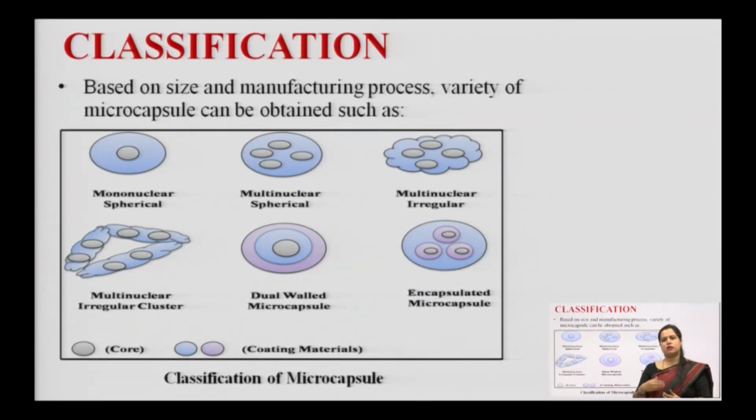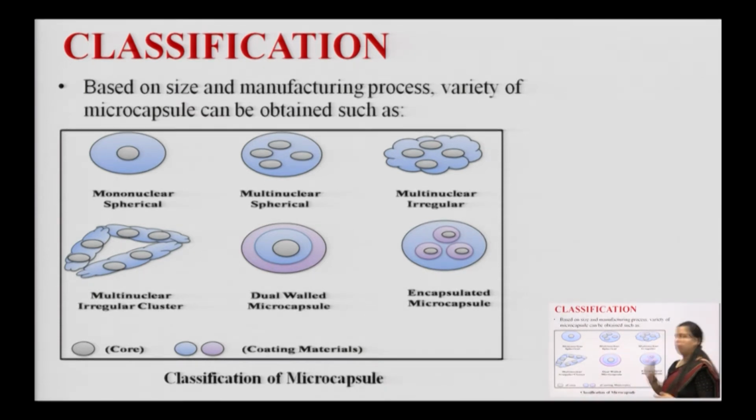Based on the size and manufacturing processes, we have a variety of microspheres in shape. The ideal shape we always consider is the mononuclear spherical shape for microspheres, but depending on a variety of factors affecting the manufacturing process, we can have different shapes of microspheres. The first one is the mononuclear spherical shape, which consists of a single core particle and the coating material.